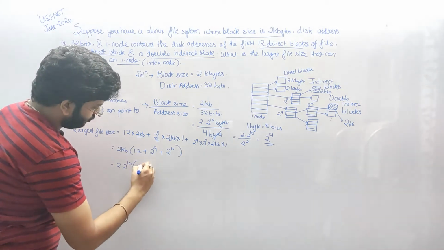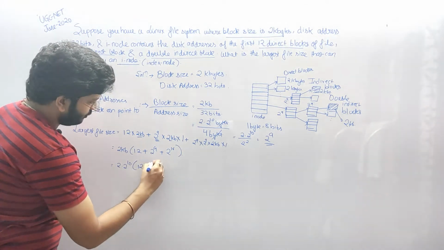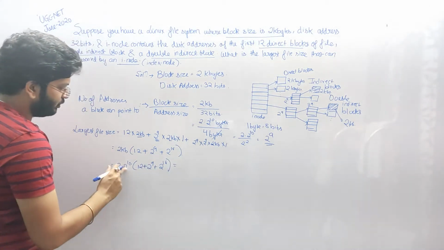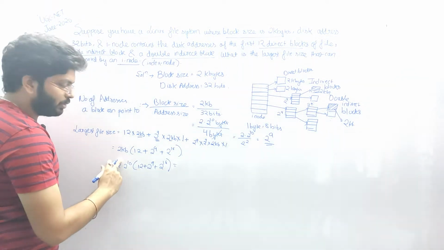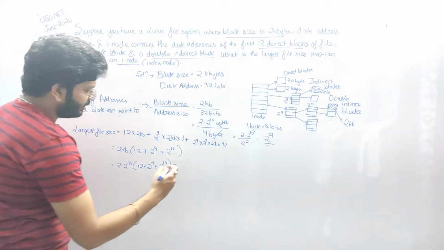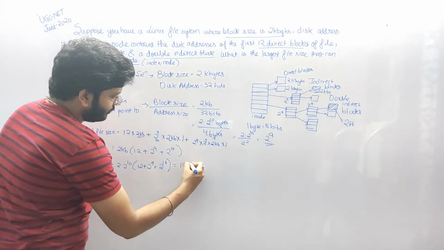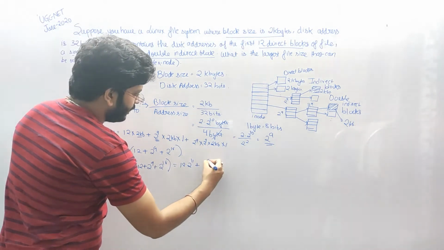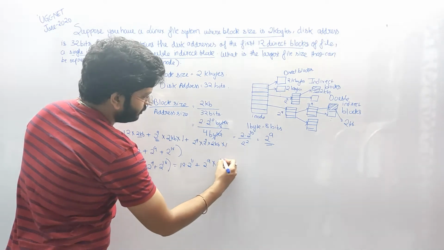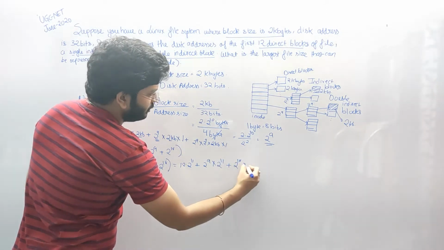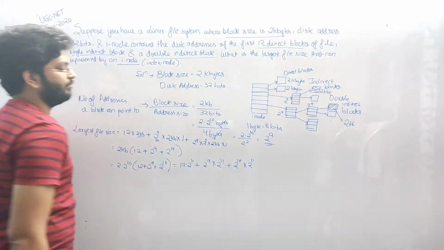So again 12 plus 2 power 9 plus 2 power 18, and 2 into 2 power 10 is 2 power 11. So multiplying it inside the braces, it will be 12 into 2 power 11 plus 2 power 9 into 2 power 11 plus 2 power 18 into 2 power 11.